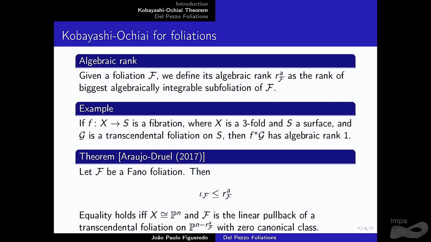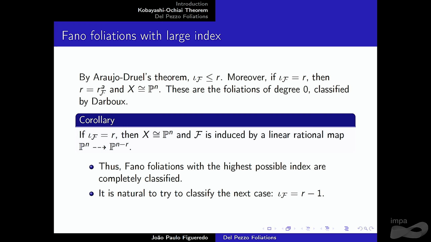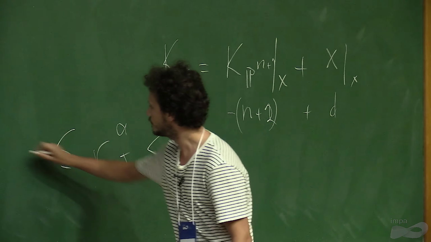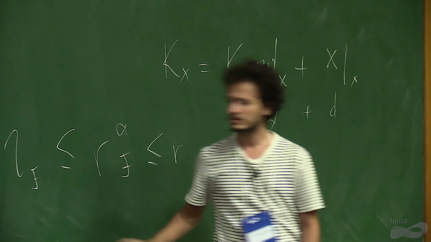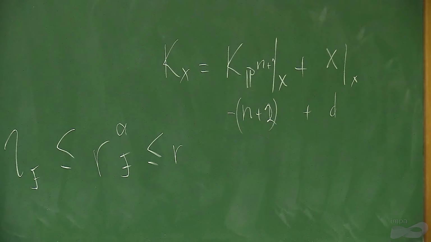Okay? So, since the algebraic rank is always less than or equal to the rank, this theorem will imply that the index of a Fano foliation is always bounded by the rank of the foliation.